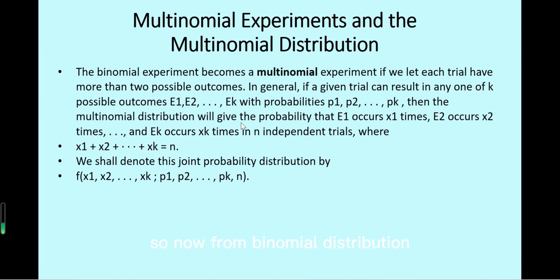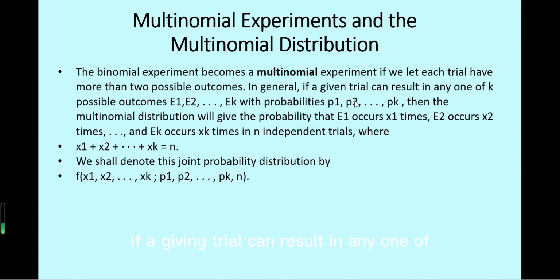Now from the binomial distribution, we can extend to the multinomial distribution. A multinomial experiment is like a binomial trial, but in this case the number of possible results is more than 2.